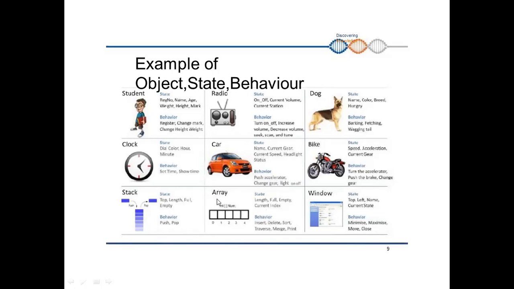Next object is array. An array can have length, an array can be full, empty, current and index. So we need a variable for an array. Behavior, we can insert in an array, means we are performing an operation. So operations can be insert, delete, sort, traverse, merge, print. We can add searching also.